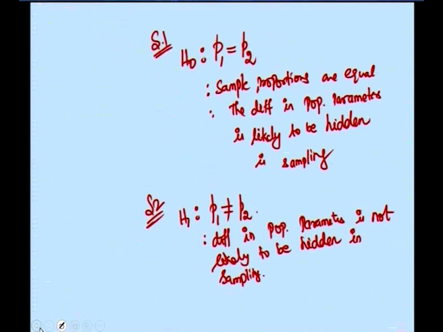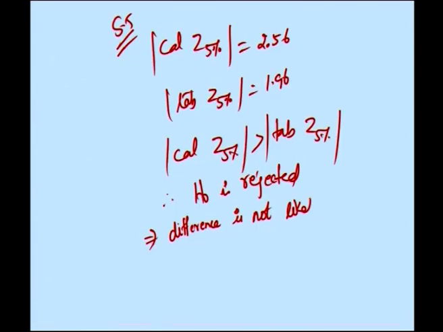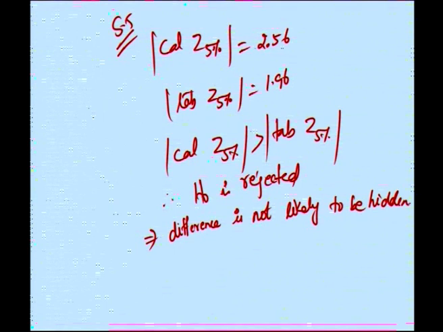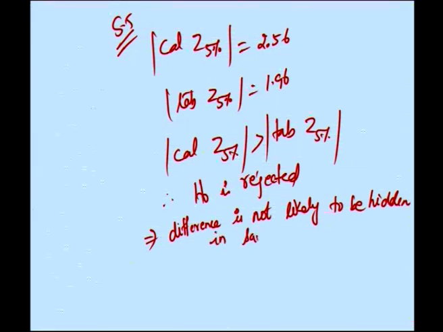What is your H1 statement? H1 statement only is our conclusion now, because H naught is rejected, in the sense H1 is accepted. The difference is not likely to be hidden in sampling.